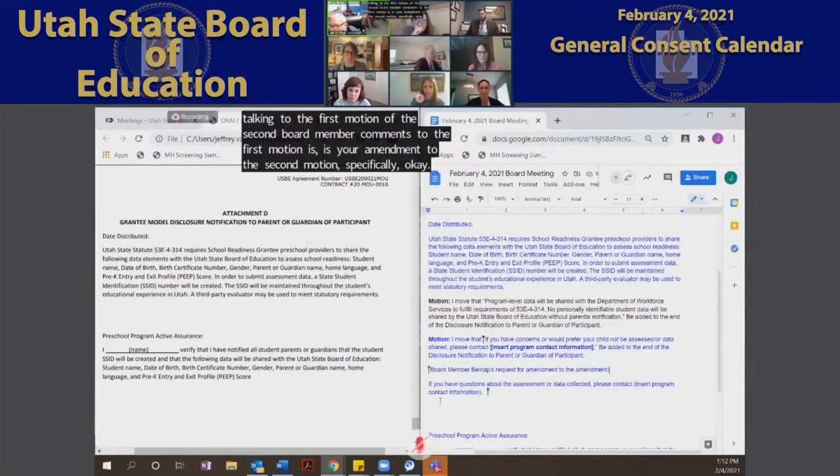Lorraine, do you have a question? Yes, just a clarification on the amendment. Is it replacing the original language or is it in addition to the original language of the motion? Replacing the original motion. Okay, thank you.